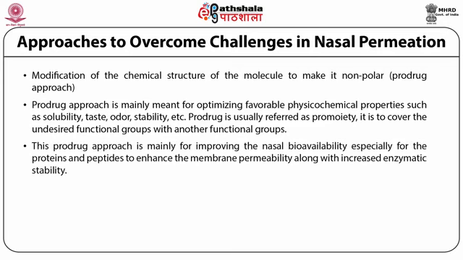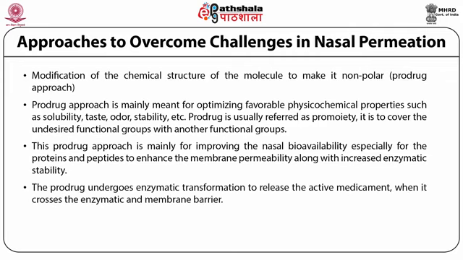This prodrug approach is mainly used for improving nasal bioavailability, especially for proteins and peptides. This approach enhances membrane permeability along with increased enzymatic stability. The prodrug undergoes enzymatic transformation to release the active medicament when it crosses the enzymatic and membrane barrier.